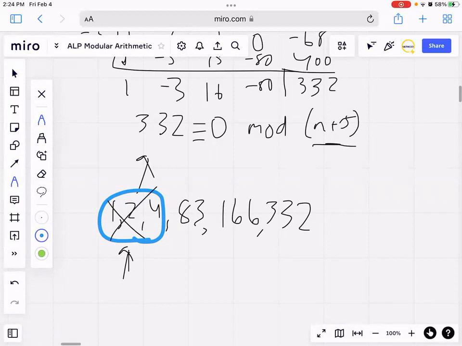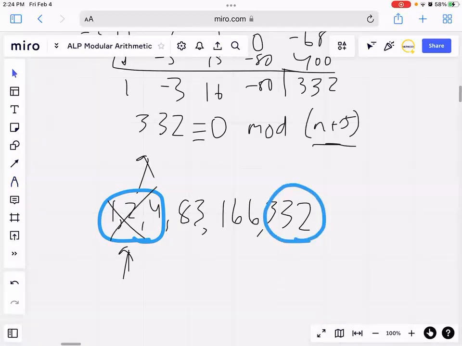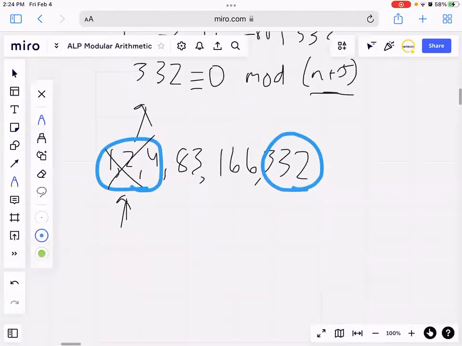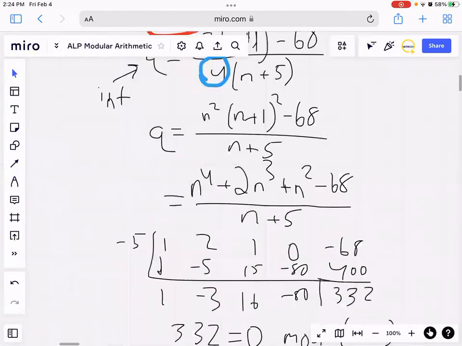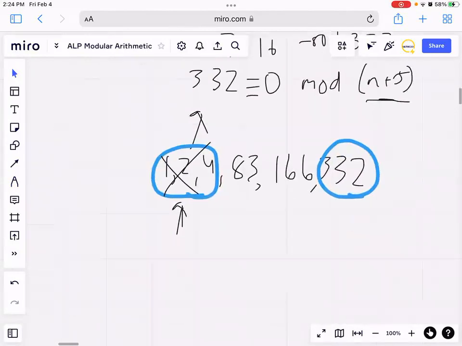Then as I said earlier, we might have an extraneous root because we got rid of the 4 earlier in this problem. So looking at 332, we actually see that when multiplying our original expression, circled in red, for the sum of the first n cubes, it does not leave a remainder of 17 when divided by 332, so we can also get rid of this.